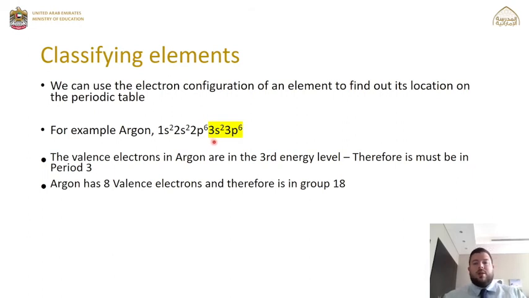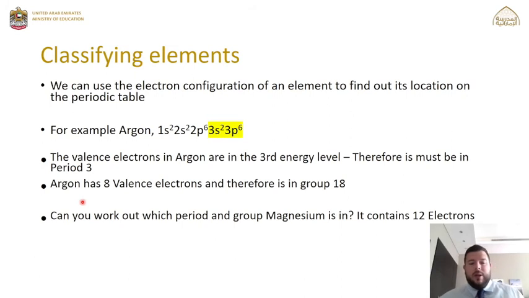That tells us straight away that it must be in period 3. To find out what group we are looking at, we count the valence electrons in principal energy level 3. We have 2 plus 6, we have 8 in total. Therefore, 8 valence electrons is linked to group 18. Remember, we're not looking at any of the groups between group 3 and group 12.